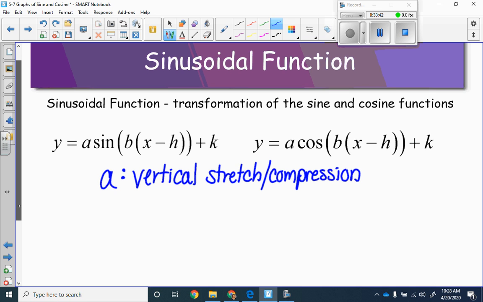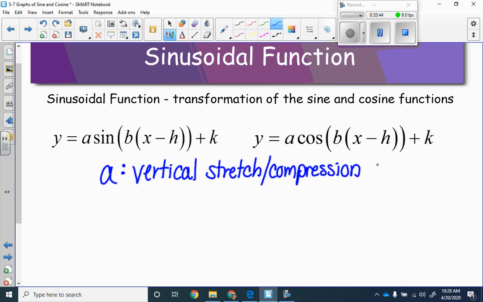The value of A could also be a reflection over the x-axis, based off of if it's negative. So A is going to be really important because that's going to tell us our vertical stretch or our compression. It's also going to tell us if there's any sort of flip that's taking place.